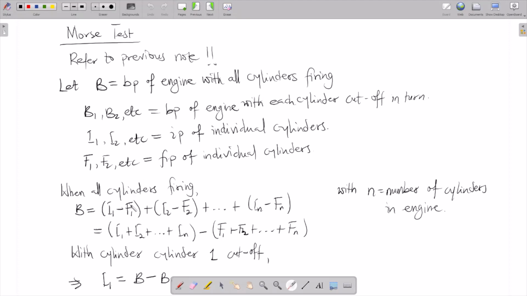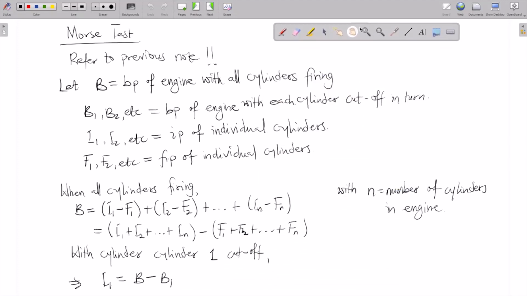Now when all cylinders are firing, the total brake power will be equal to the difference between the indicated power and the friction power of each individual cylinder, and then we sum those values up. With cylinder number 1 being cut off, we will have I1 equal to B minus B1.